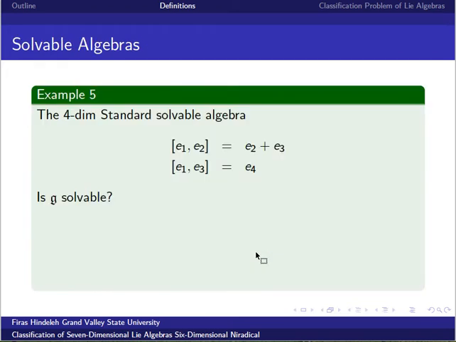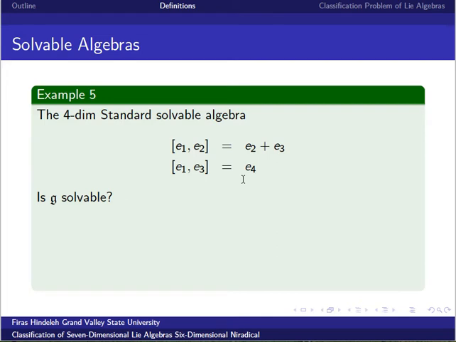So here's an example. This algebra is 4-dimensional. It's spanned by E1, E2, E3, E4, and the non-zero brackets are defined as follows. Since you do not see E1, E2, E3, that means that this bracket is 0. Those are the only 0 brackets. The first element of the derived series is G bracket with G, which is basically the right-hand side.